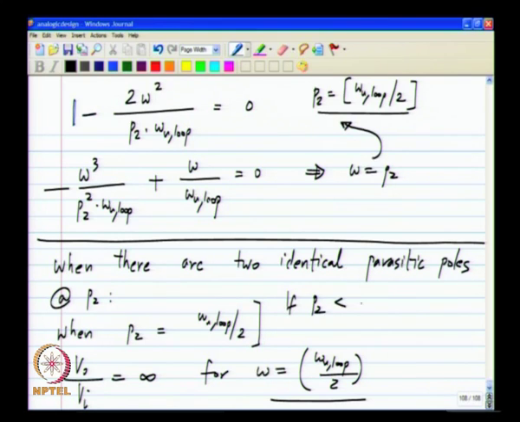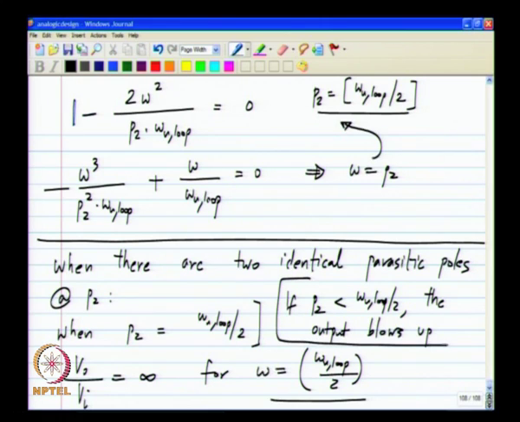Okay. So, this is the condition, and it can also be shown that if P 2 is smaller than this, the output blows up. Okay. If P 2 equals this, you will have a sinusoid at the output even without an input, and it will be constant in amplitude, and if P 2 is smaller than this, the ringing or the sinusoid will keep growing in amplitude and will never die down.